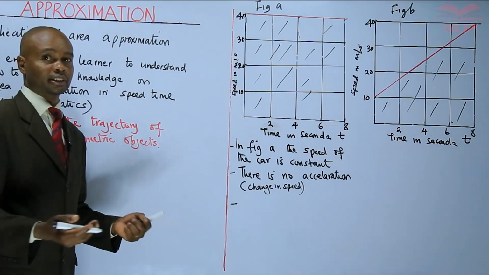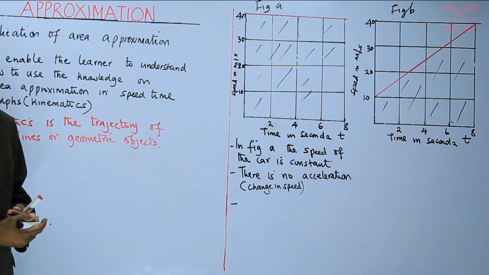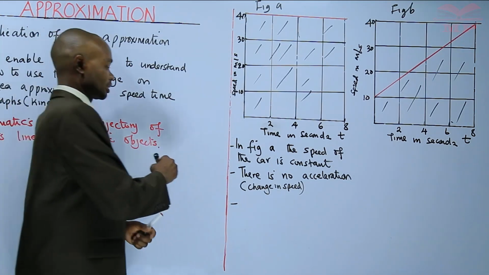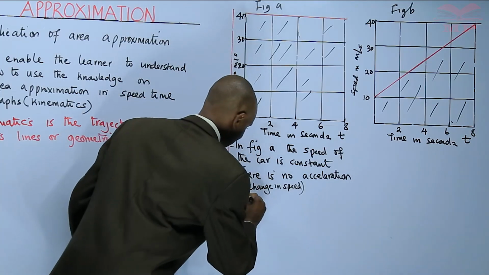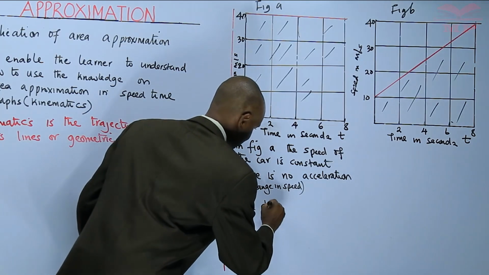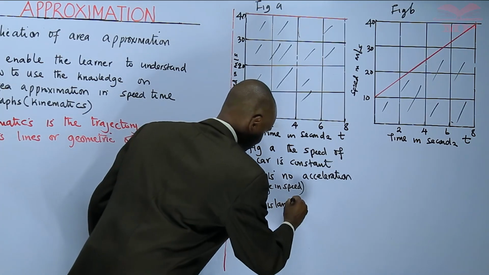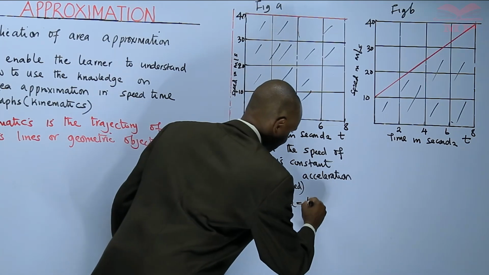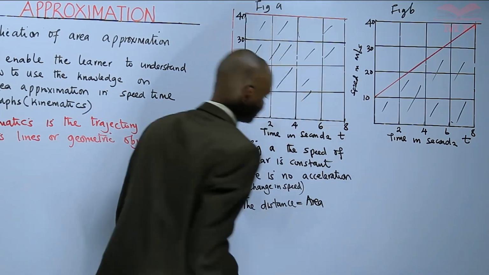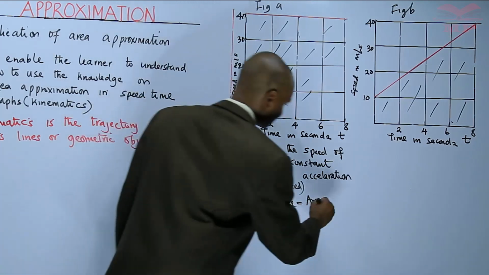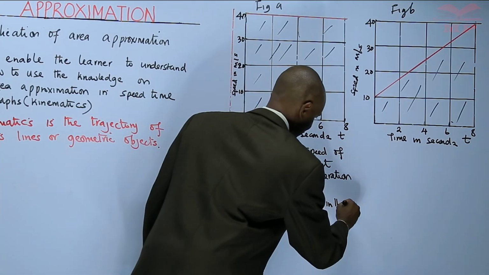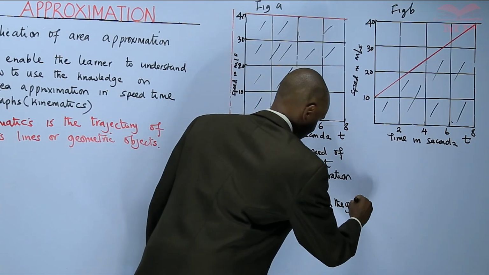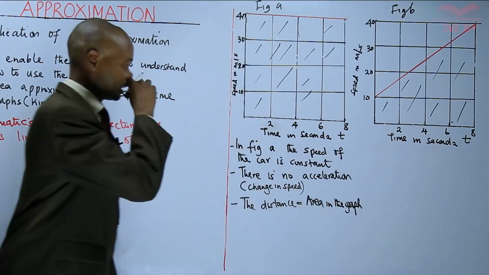You might want to know the distance traveled. We know that the distance will be equal to the area in the graph.